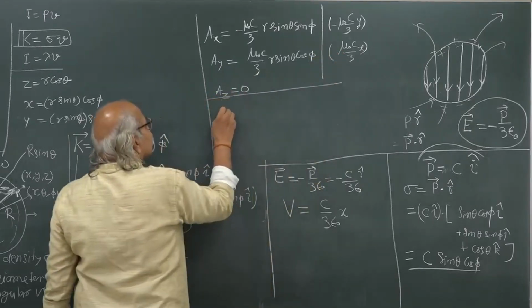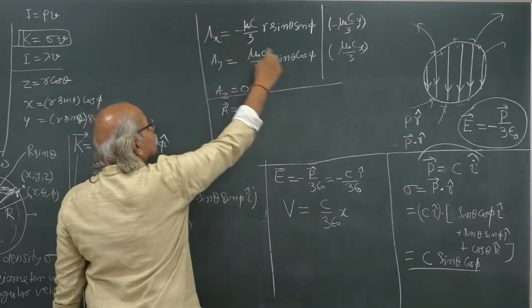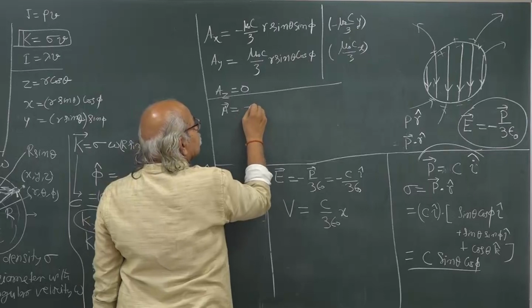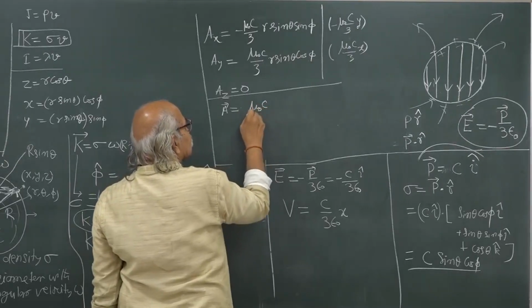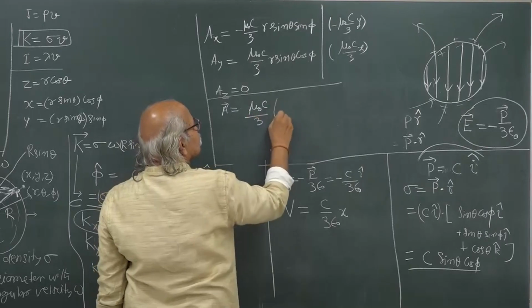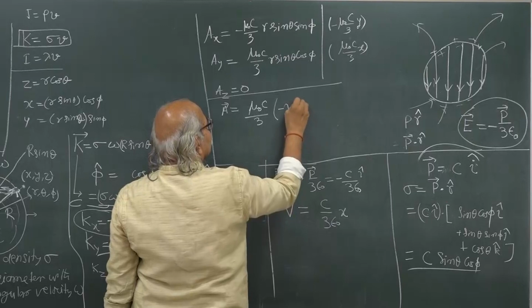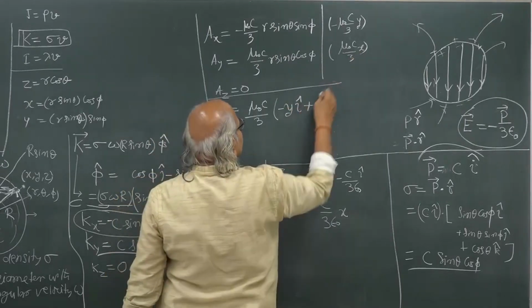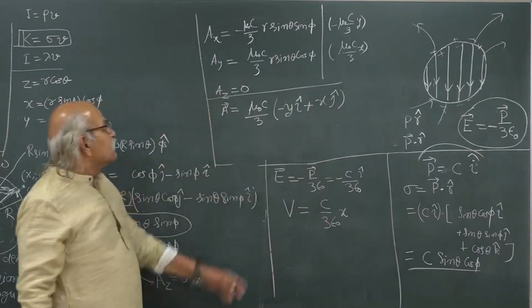So, that A vector you can write as, this is the i component, Ax. So, let us take mu naught c by 3, that we can take common, mu naught c by 3. So, minus y i cap, and here plus x j cap, right.